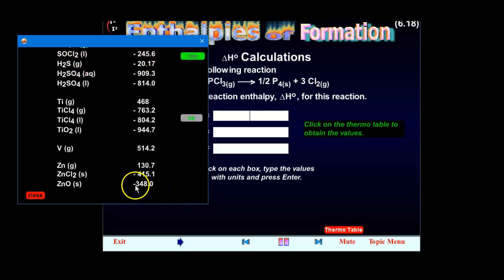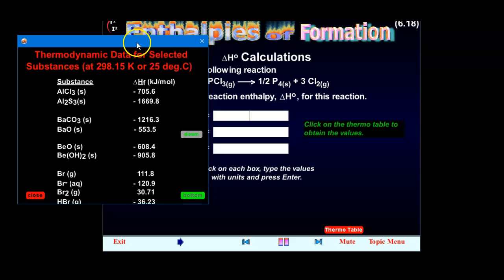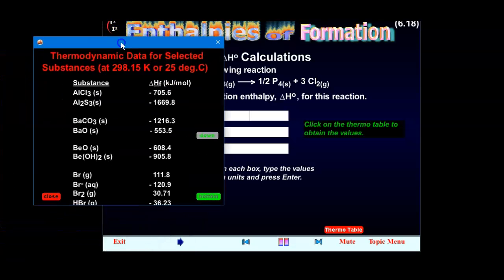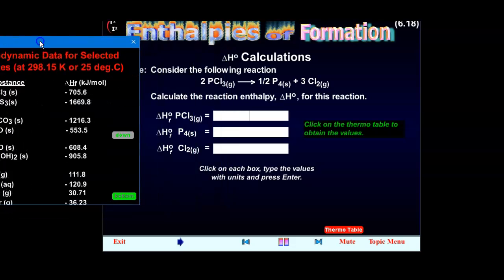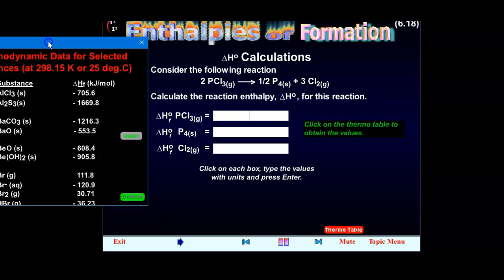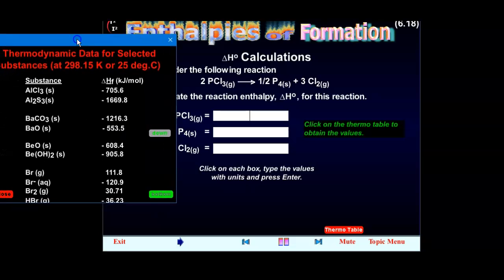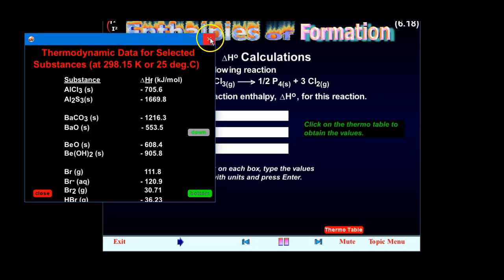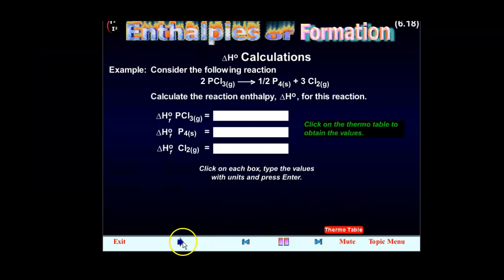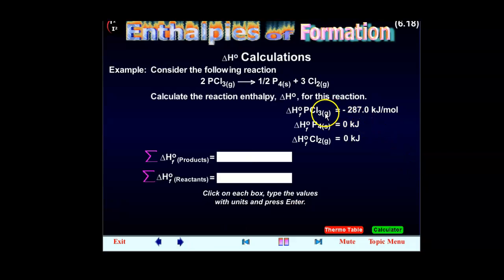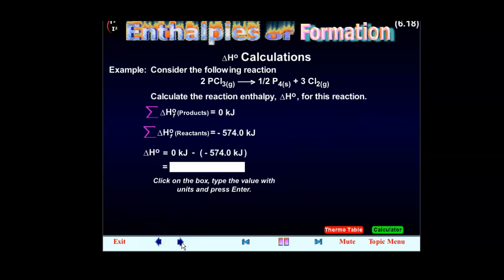Let me go down. PCl3. Oh, it looks like PCl3 is not on the table. But we have P4 is 0, Cl2 is also 0. So, okay, PCl3 is negative 287.0. Of course, P4 is 0 and Cl2 is 0. So when you plug in those values, you should get something like this.